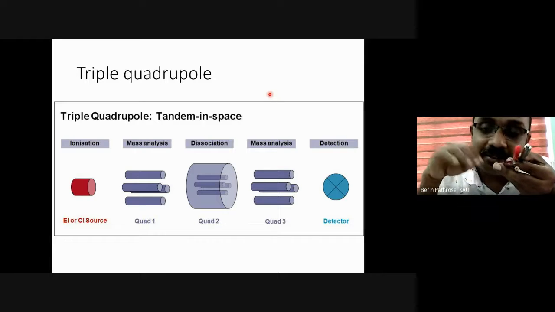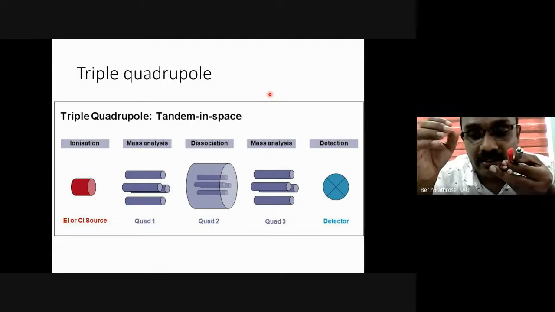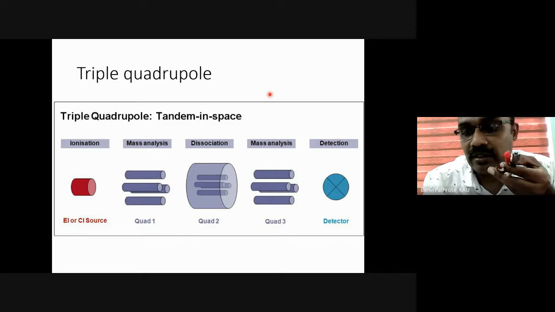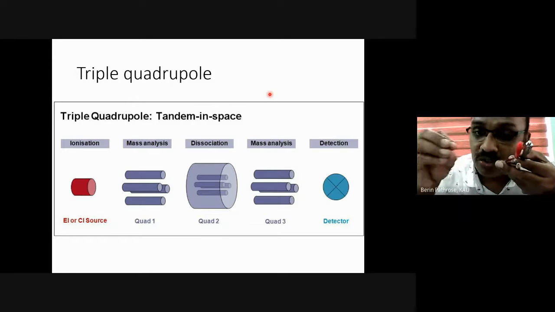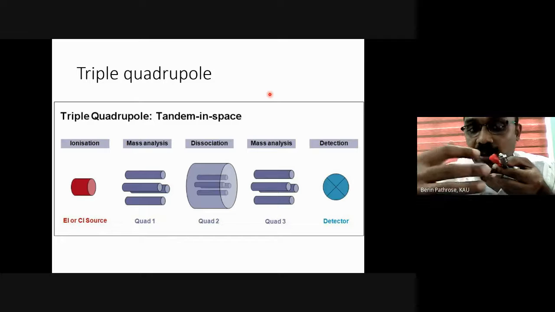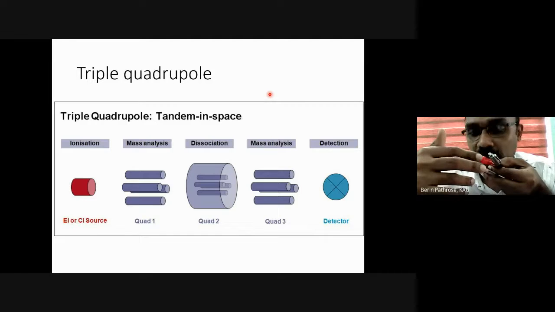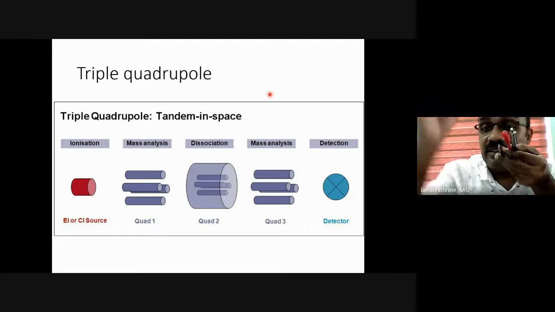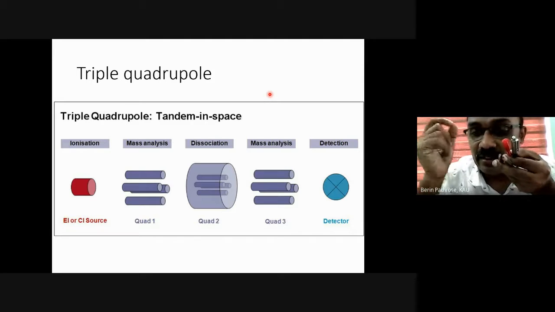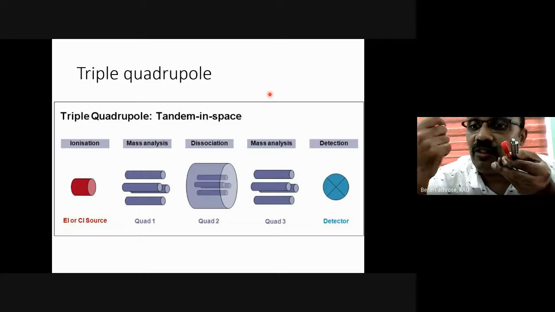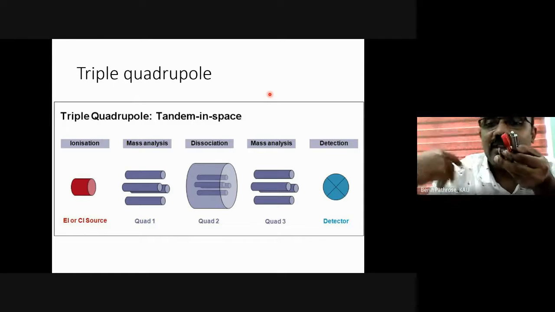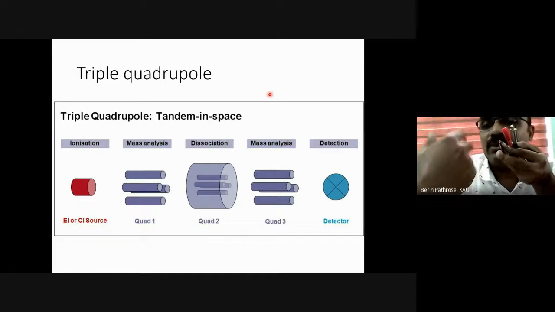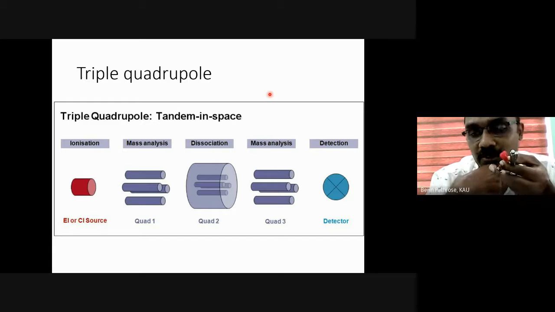But don't think that this positive charge, or AC current or DC current, is constant. It will vary. Two rods will be given a positive charge, two rods will be negatively charged. Within a few milliseconds, say within 5 milliseconds in certain instruments, the charge varies between these quadruples.